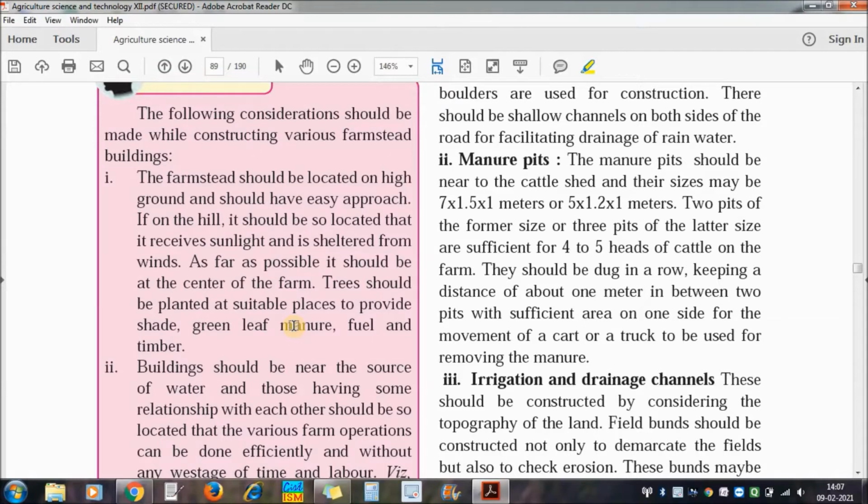Now, while constructing these farm buildings, we have to take different cares. These buildings as far as possible should be located to receive sunlight. There should be sufficient ventilation, so we have to construct in such a way that the wind direction is suitable.